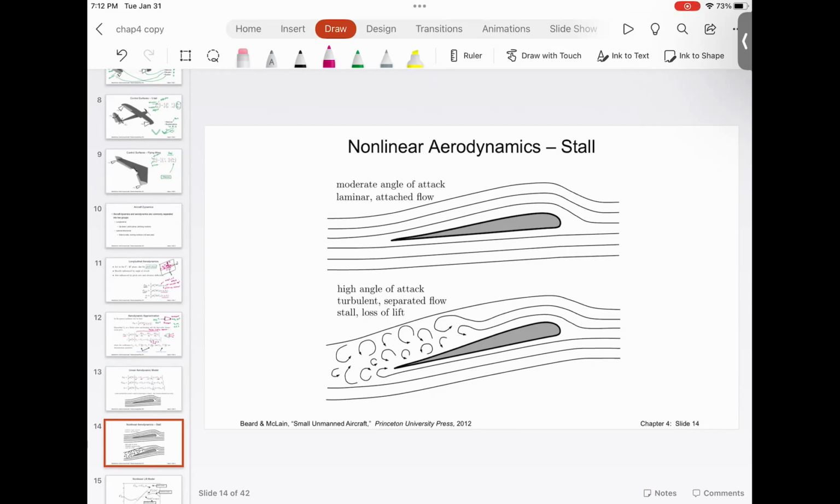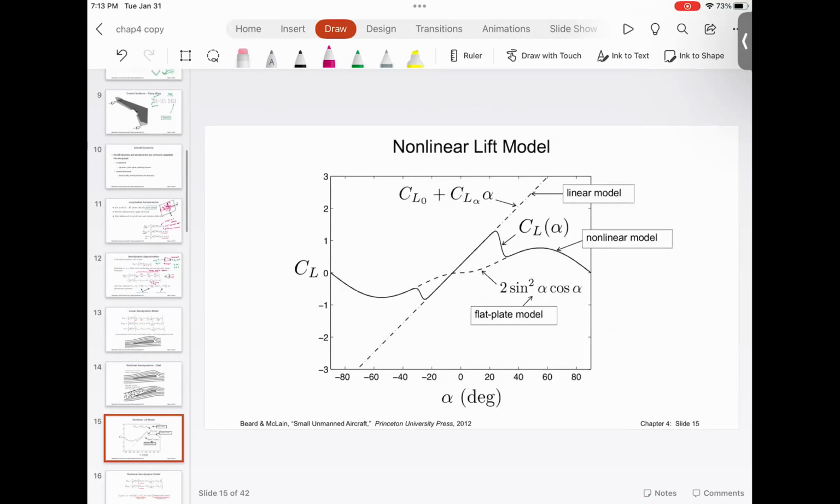Then you get eddies that get formed, and as soon as you have eddy formation, that causes the flow to separate, and you no longer have the lift. If you look at aircraft, for example bombers like the B-2, on the wing they have small projections that minimize or delay the onset of flow separation. But flow separation is the primary reason for stalling of an airfoil.